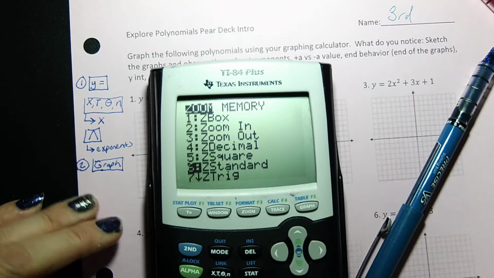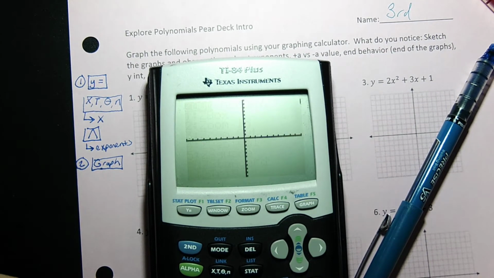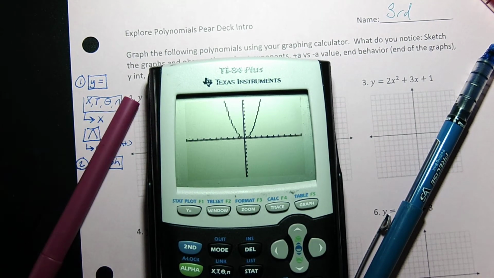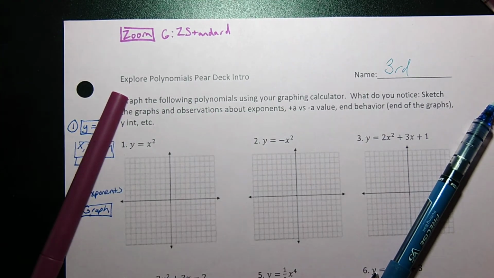So I'm going to hit enter on that option number 6. And then it shows up. So zoom standard is a really good one that can reorient your graph because it could be looking at a plot that is now off.